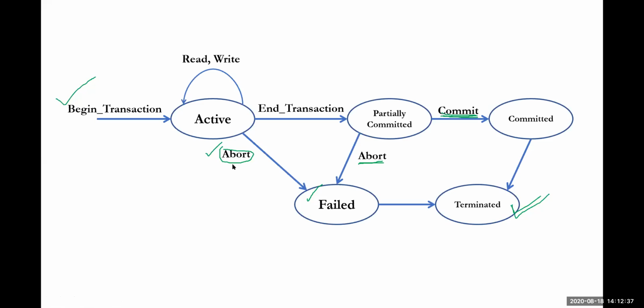And today I'd like to concentrate on the properties of a transaction. Normally in database management system, properties of a transaction will be called ACID properties: atomicity, consistency, isolation and durability.